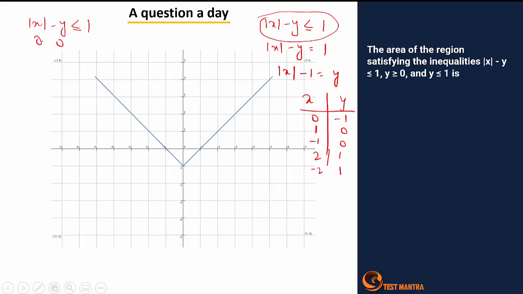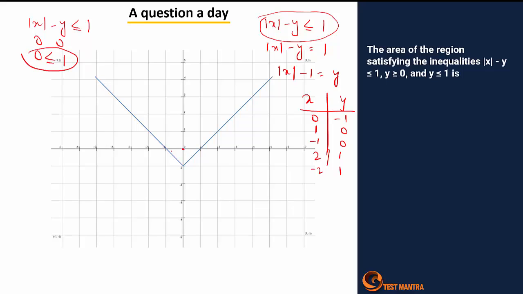If the equation is true, I should move towards the 0 coordinate. If the equation is false, I should move away from the 0 coordinate. That's the basic condition here. So 0 minus 0, which equals 0, is less than or equal to 1. This is true, which means I have to move towards the 0 coordinate.